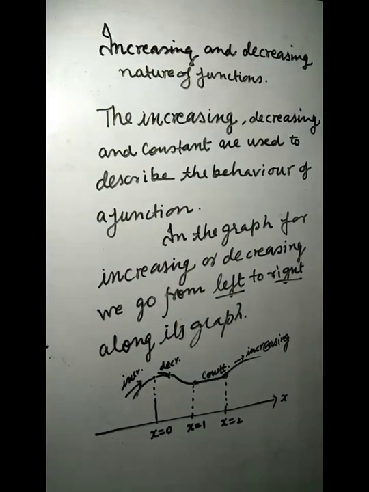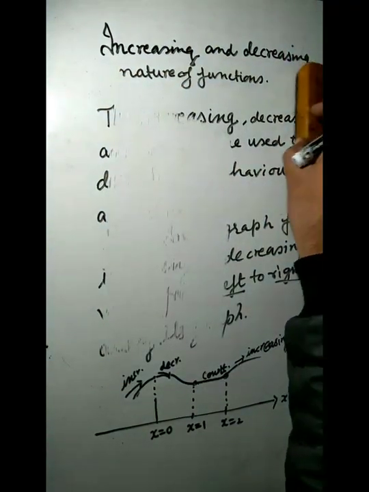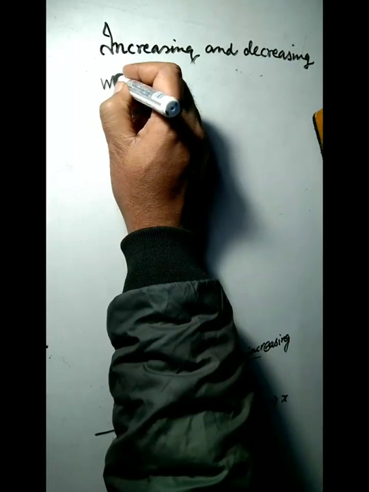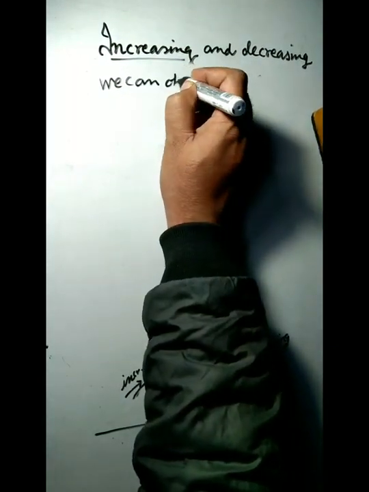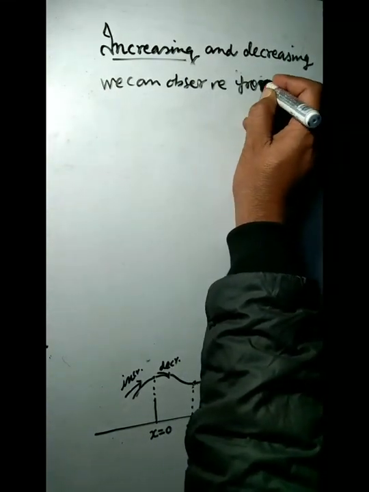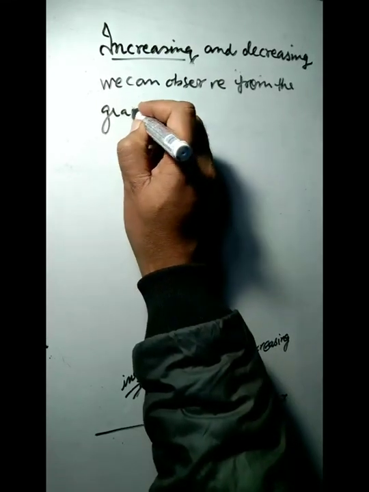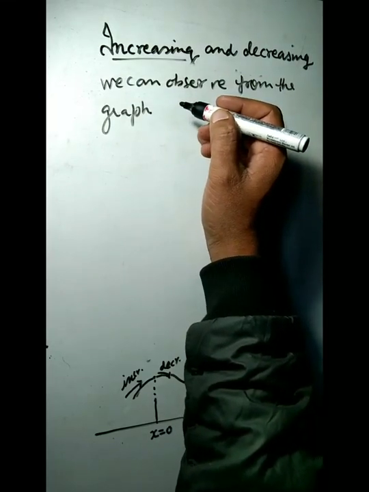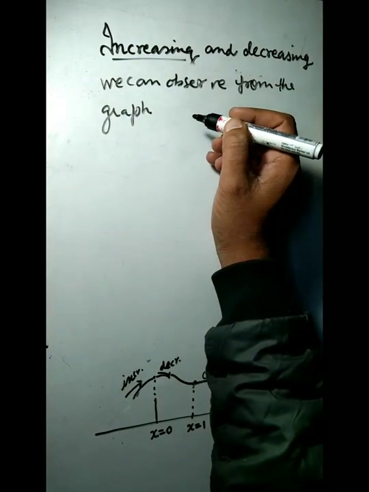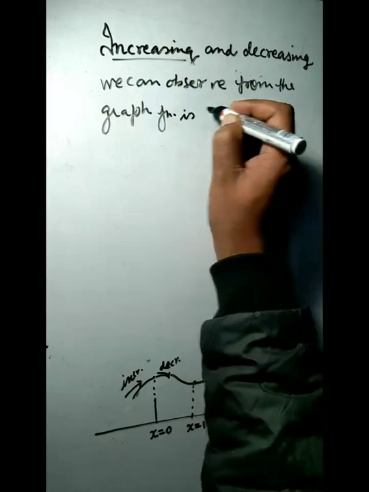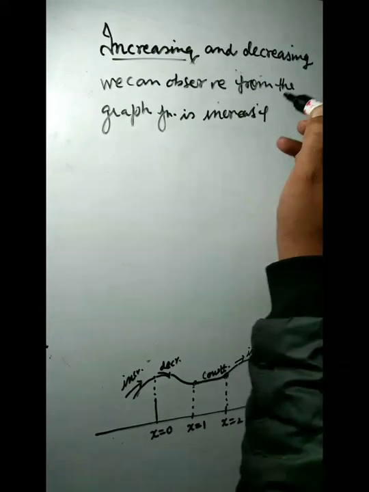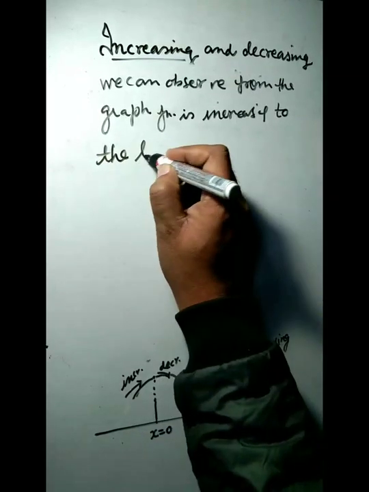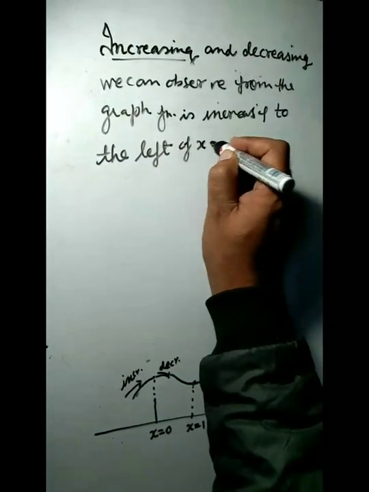So we can observe from this graph, from the graph function is increasing to the left of x equals to 0.